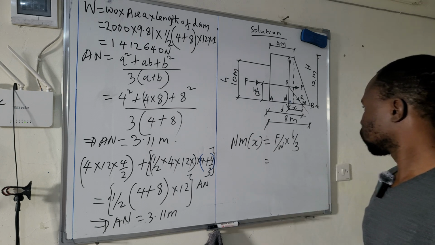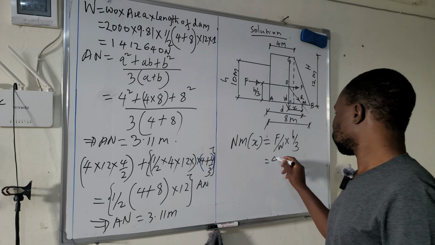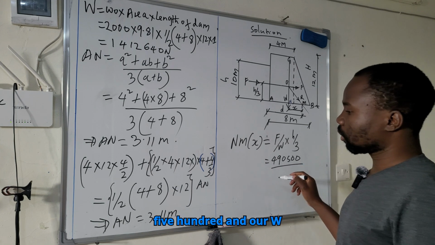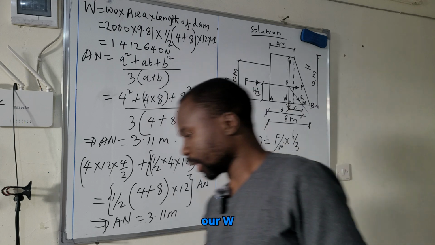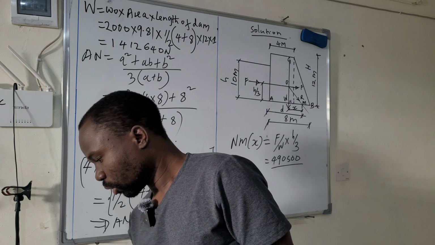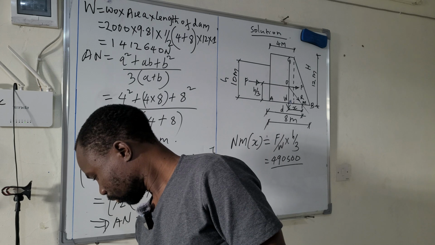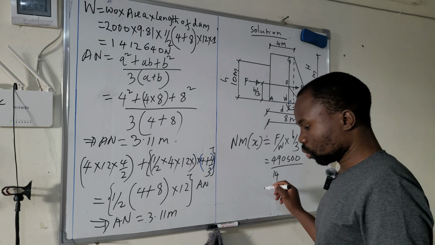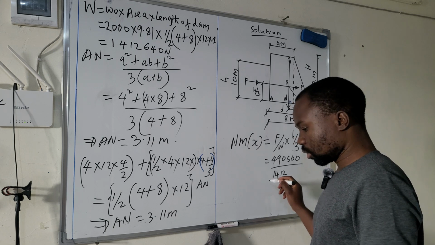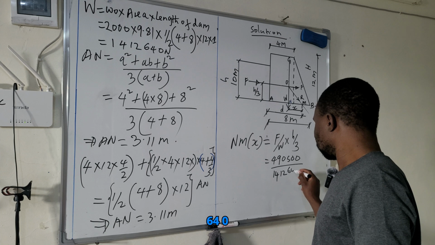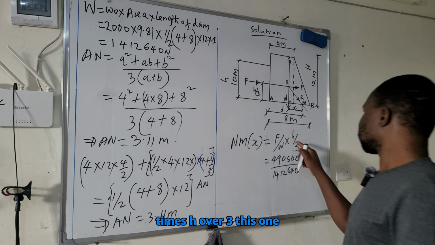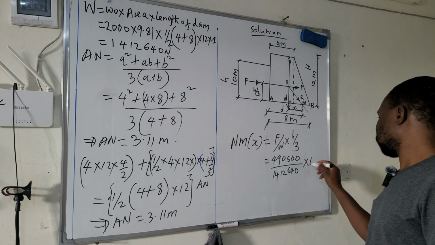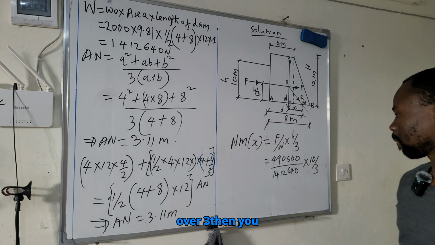So our F was 490,500, and our W is 1412,640, times H over 3, this one, 10 over 3.